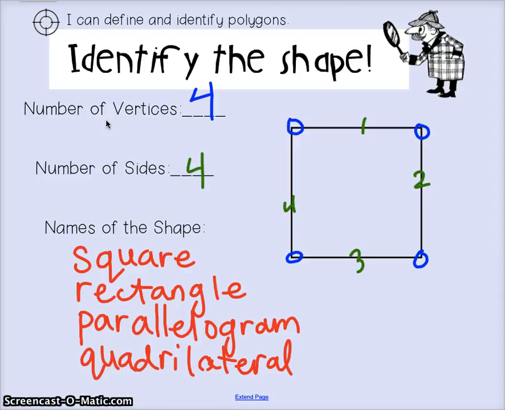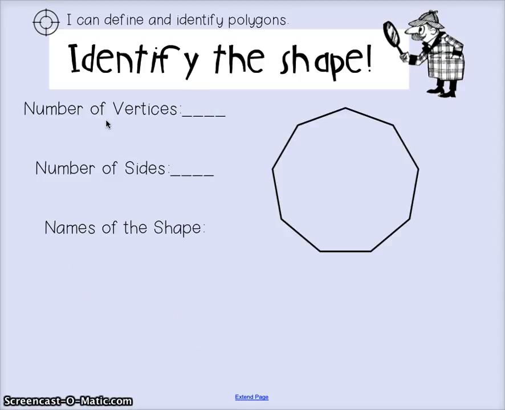Nice job, third graders. What about this shape? Go ahead and count those vertices. 9 vertices. Make sure you're working along with me. This isn't just for you to take in. You need to participate through your iPad.